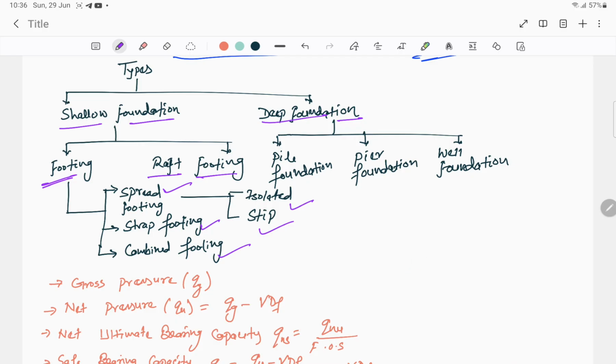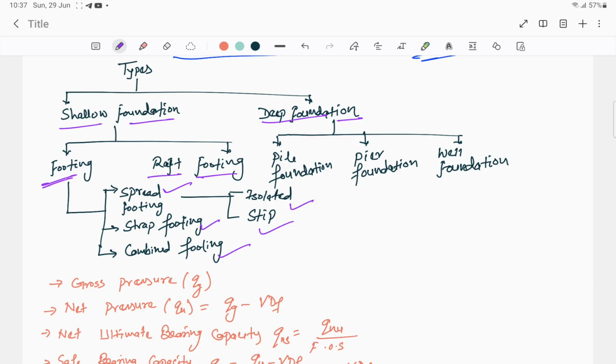Now this shallow foundation is basically used when the load is not very high. So we can say below a 5-story building. If you consider the case of a building, then up to G+4, G+5 the footing is a shallow foundation.